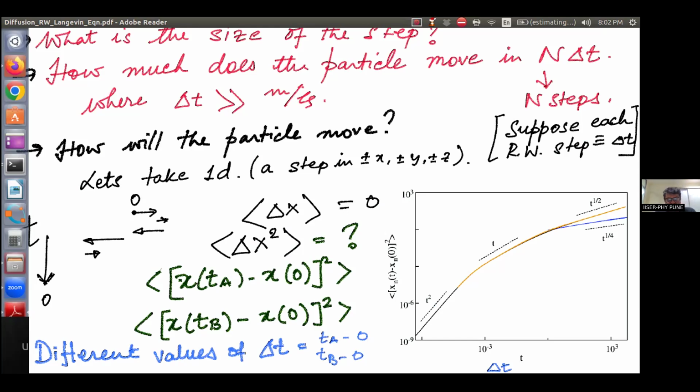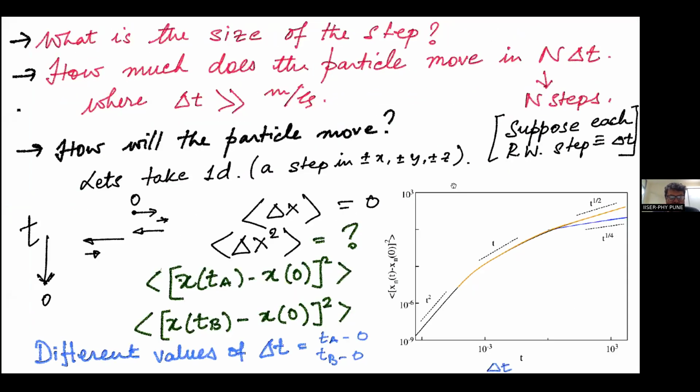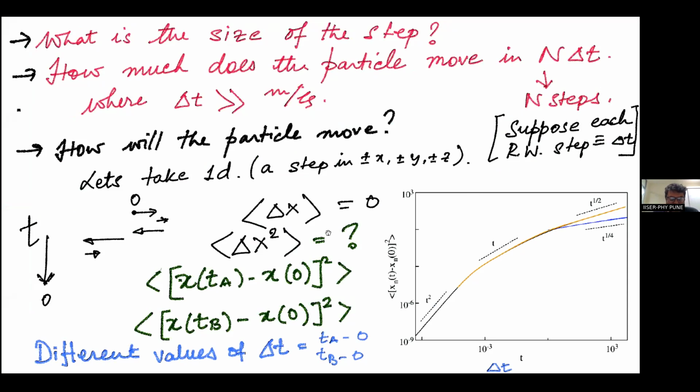But in this case, though the problem sounds very similar, let's think in 1D, stepping plus minus x, or plus minus y, or plus minus z. So what you basically want to ask is, if it took n steps, n delta t is some time, let's say ta, and you want to know what is the mean displacement.